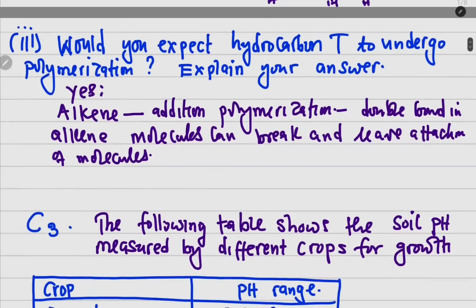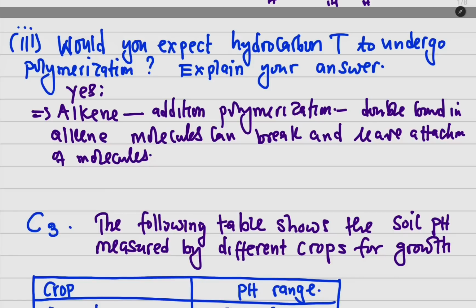Okay, so in other words, I'm just trying to bring out something so that you can explain your answer very well. I'm not saying that you're going to write exactly this, but just to give you an idea that what we are dealing with is an alkene. And of course, the double bond can break between the two molecules or simple units. And when they join, they form what we call addition polymerization.